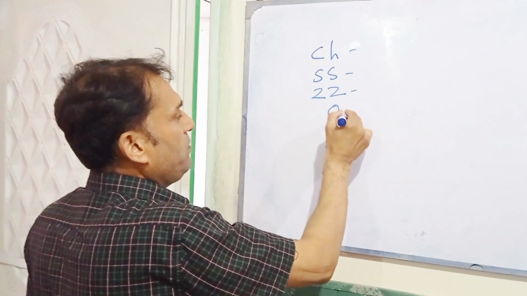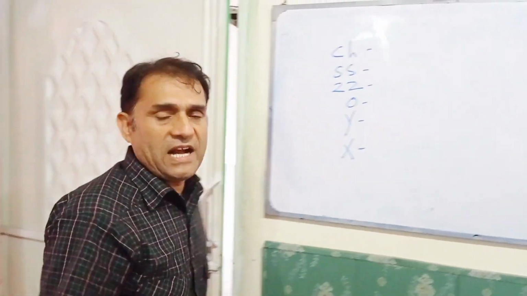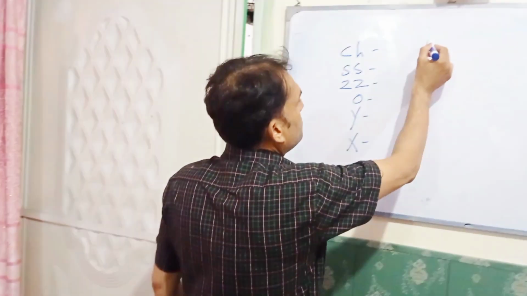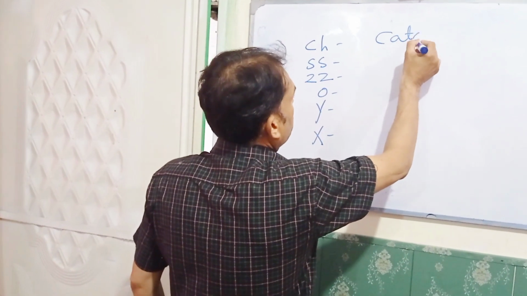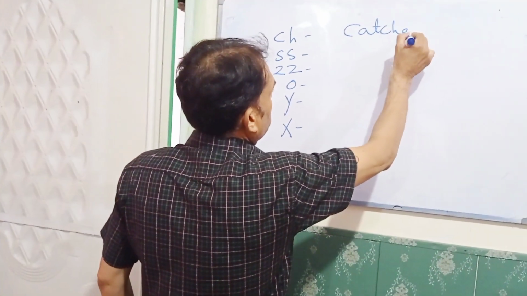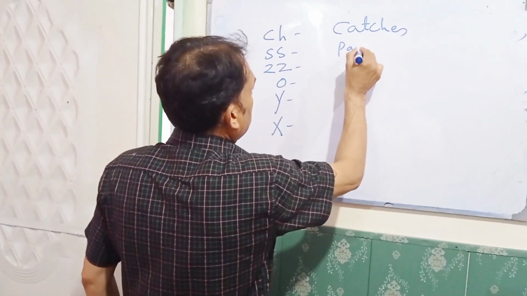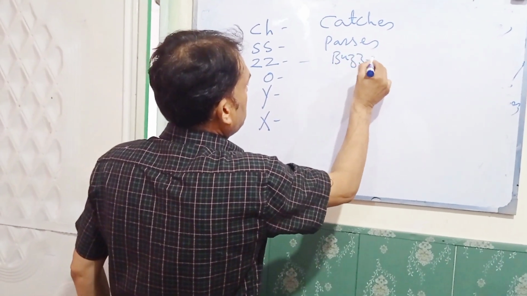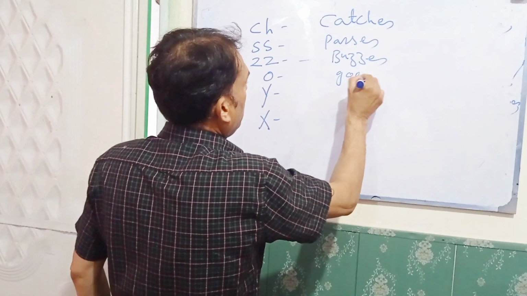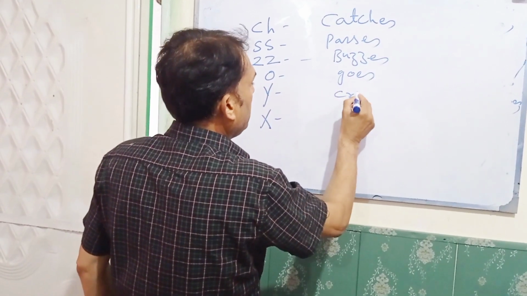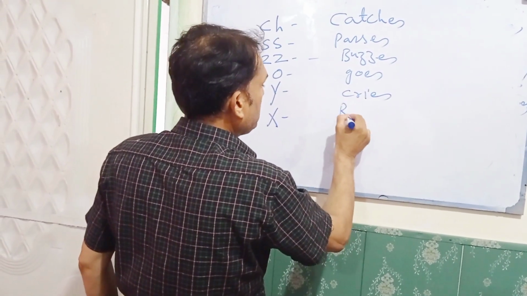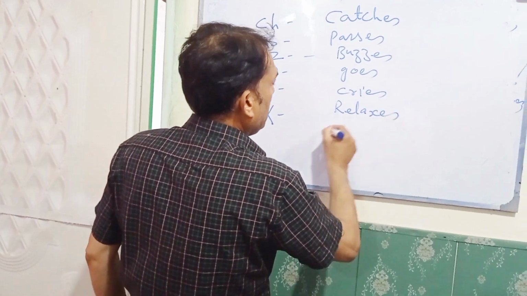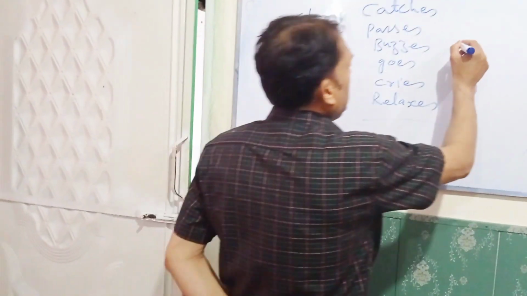Make any words ending with the letter CH. Catch, which? Catches. Pass, passes. Buzz, buzzes. Go, goes. Cry, cries. Relax, relaxes. If I write here, he kill.